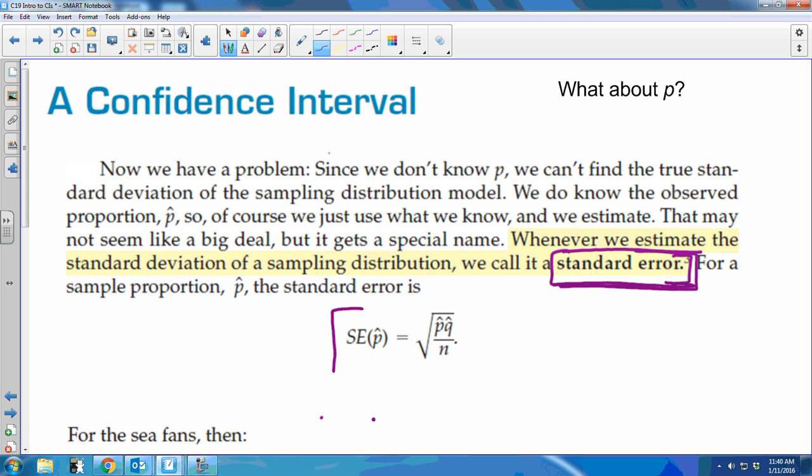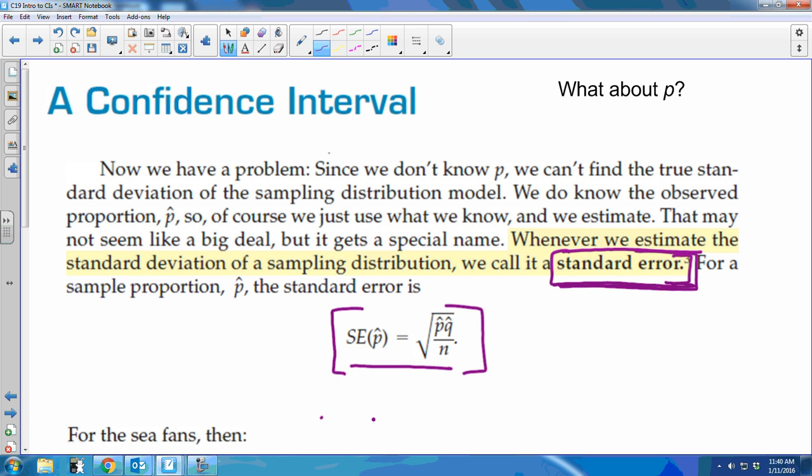In order to find the standard error, we use the same exact formula that we have from chapter 18. We just don't have P and Q, so we have P hat and Q hat. We do have a sample size. We know that they, in this particular scenario, went and sampled 104 sea fans, so I do have an N. But again, I don't have P or Q, so I have to use P hat and Q hat.